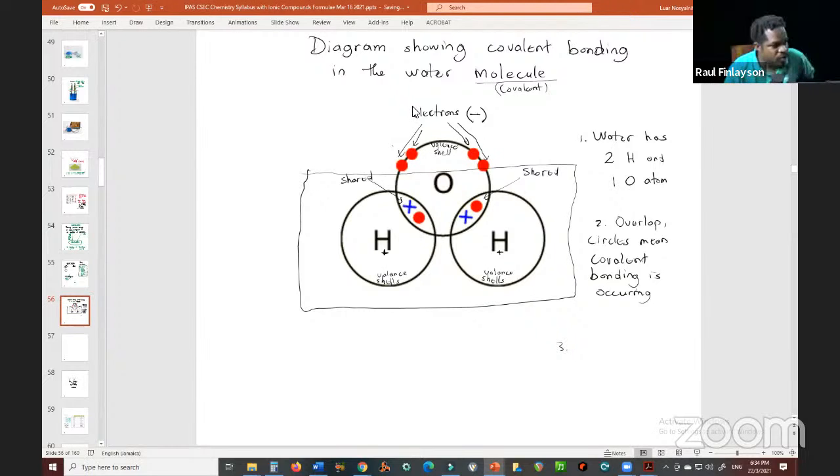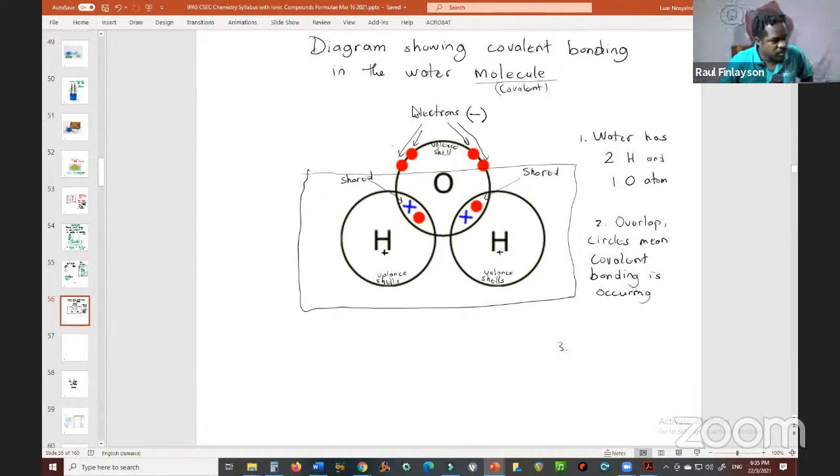In a covalent compound where electrons are unevenly shared, the part where the electrons are located in that compound is the negative part of the compound.